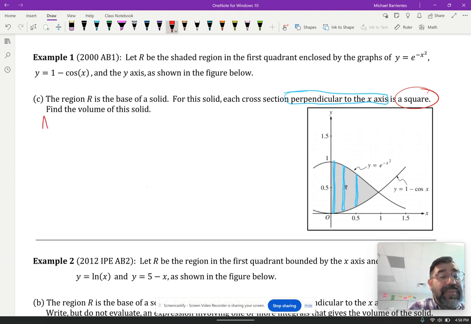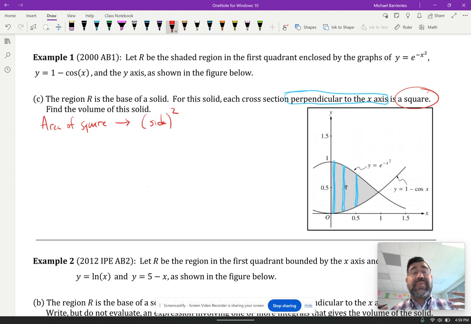So how do I find the area of a square? Well, the area of a square is just take a side and square it. Pretty straightforward. But if you think about it, this is the base of the square.